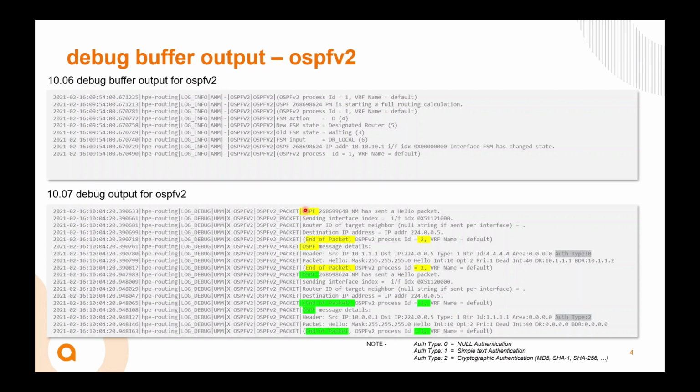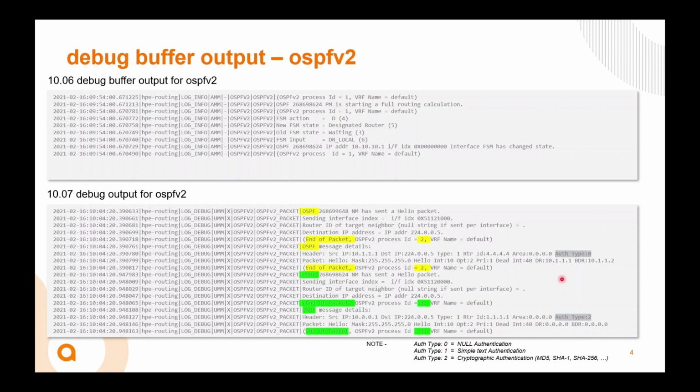So it's much easier and cleaner to read, and here I can see straight away I've got two process IDs affecting OSPF neighbors, process ID 2 and process ID 1. In process ID 2, I've got an authentication type 0 going on, and in process ID 1, I've got an authentication type 2 going on.